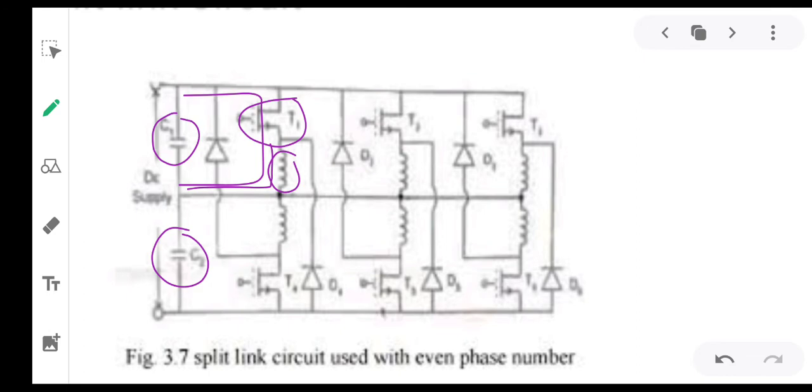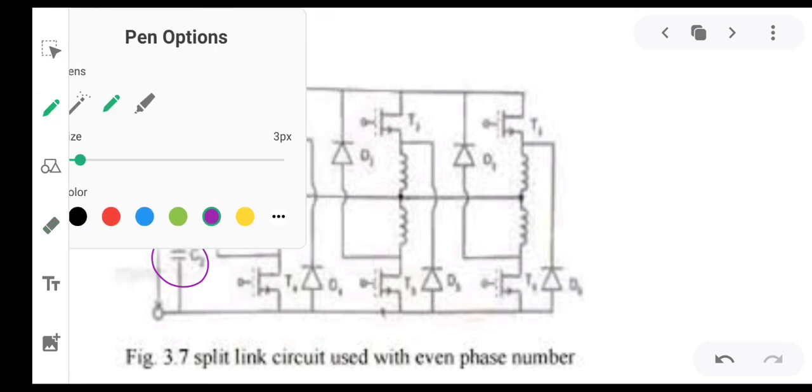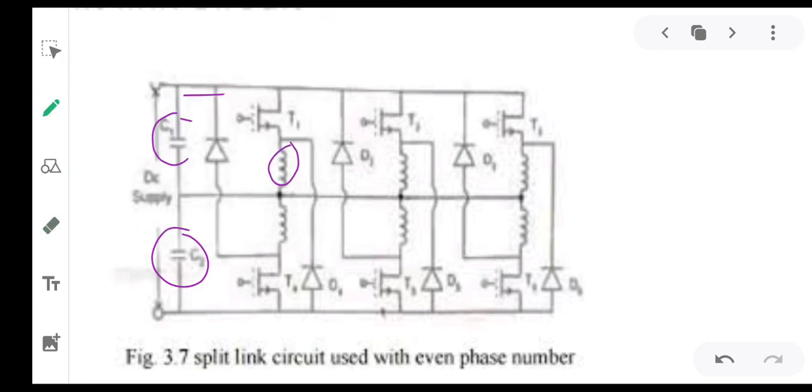And when T1 is turned off, the stored energy will be discharged like this path and this path, see.